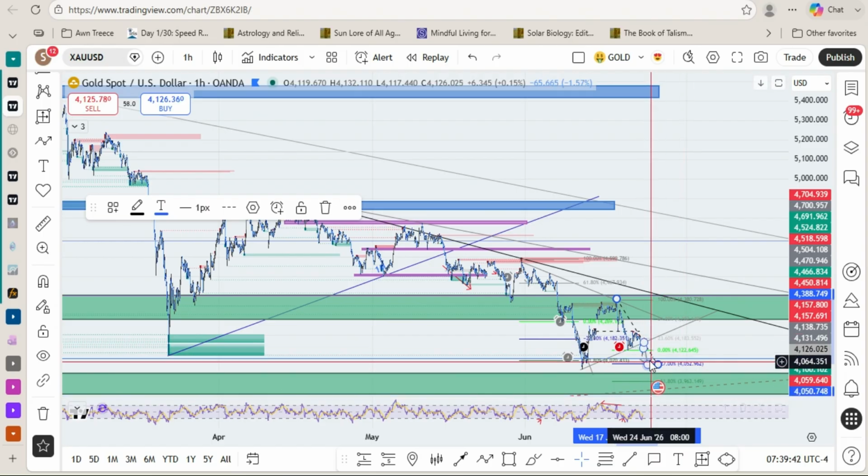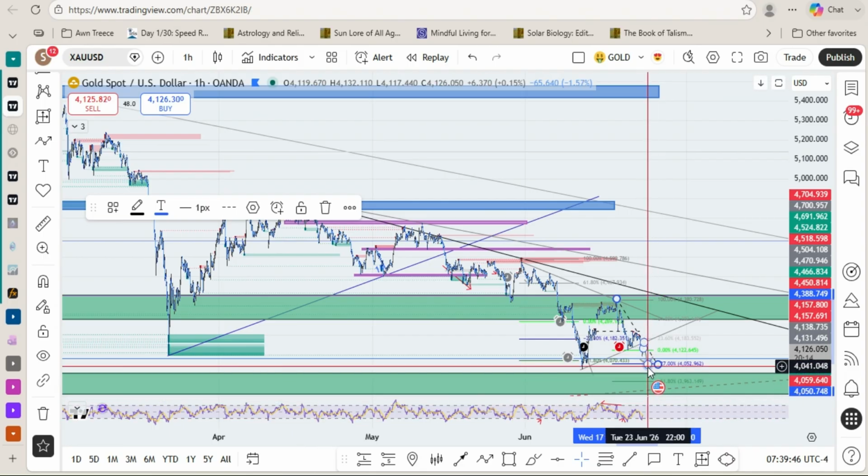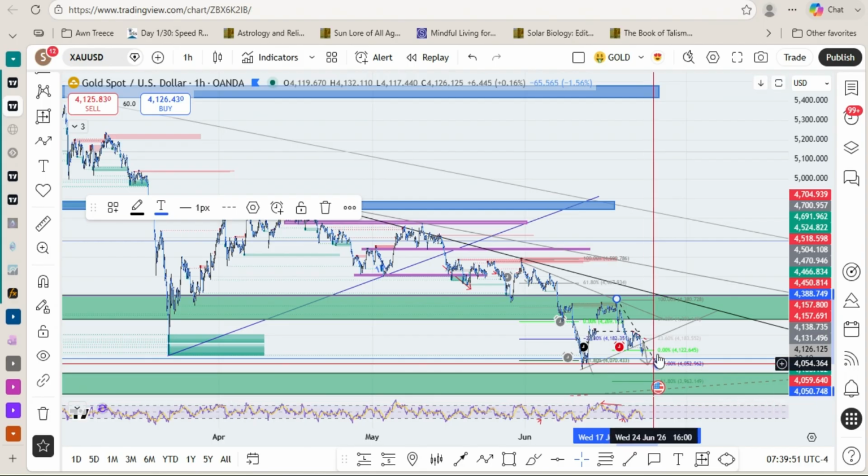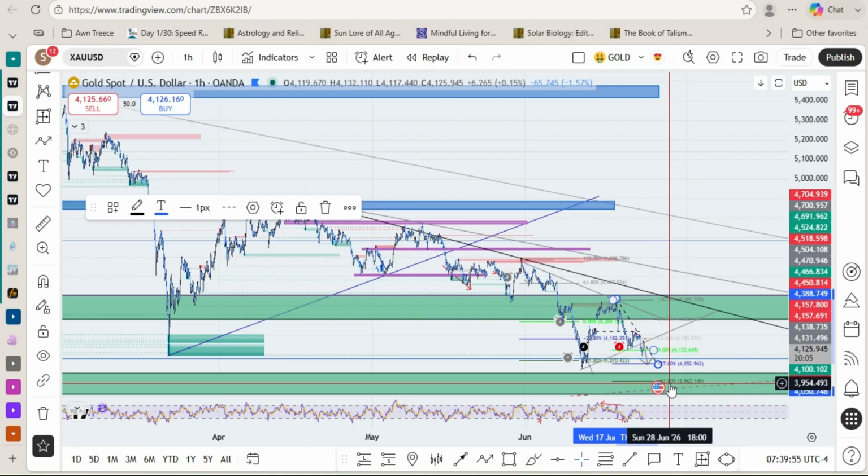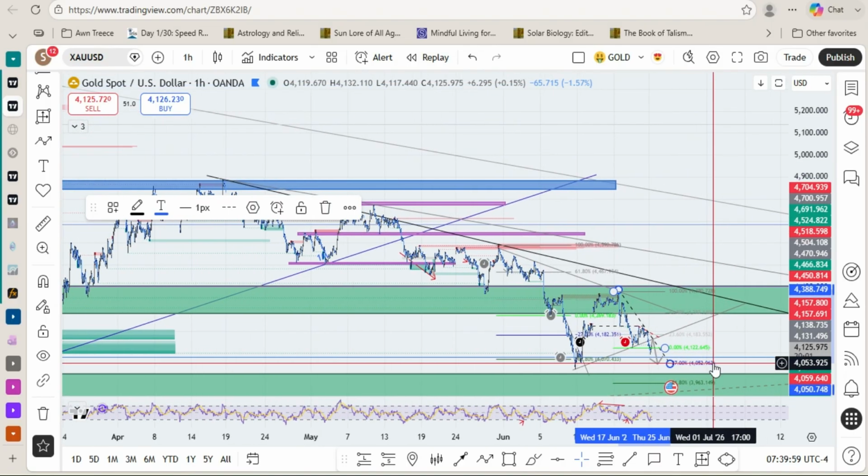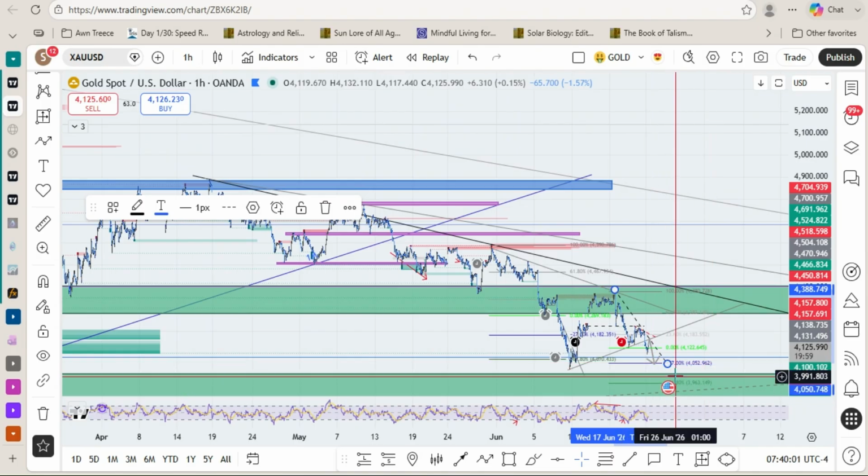So it could potentially reach down there kind of aggressively, since there are things pulling price to that area. It could be a lot of liquidity around there.